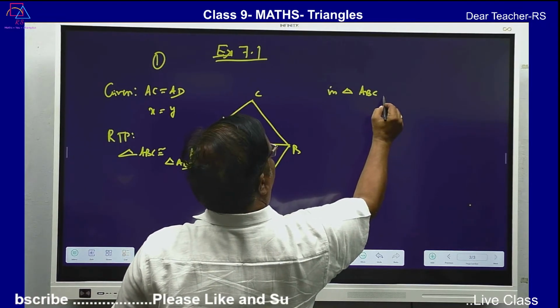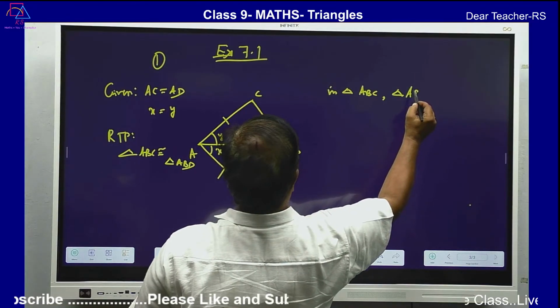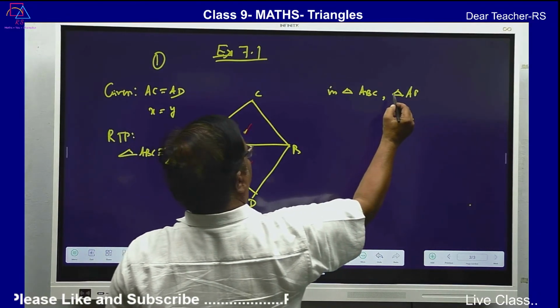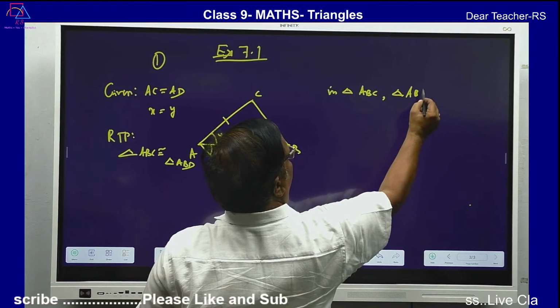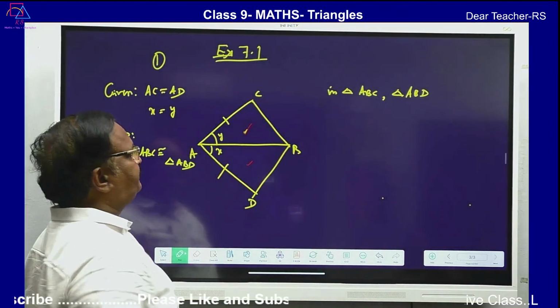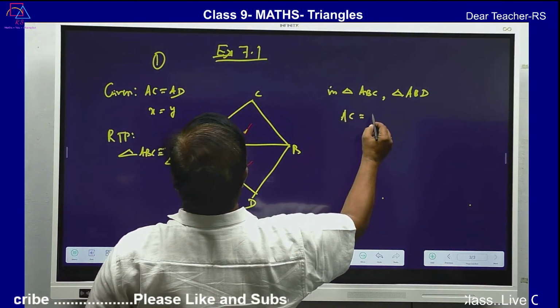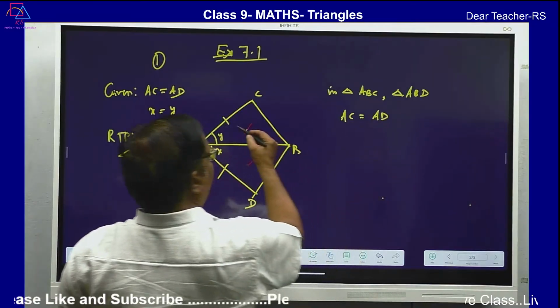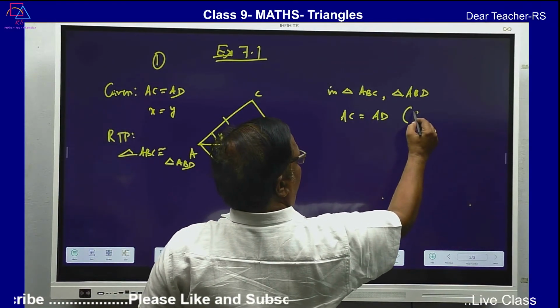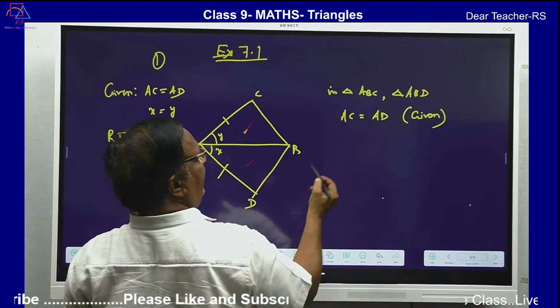Now list out equal sides and angles. AC is equal to AD. This is given. Why? Given. And x is equal to x.